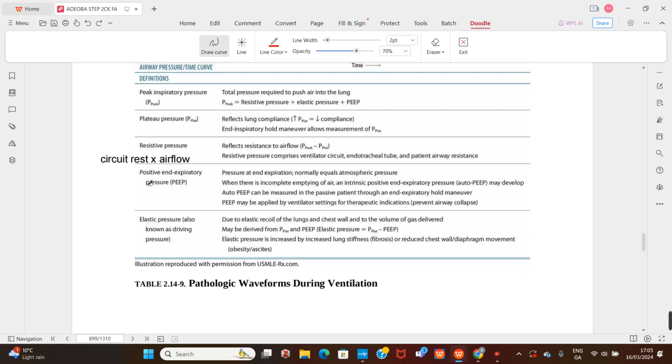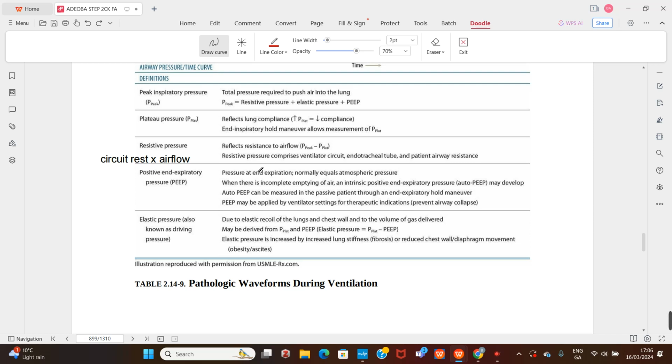Then the positive end expiratory pressure. That's the pressure at the end of expiration. So this statement is very wrong: that it normally equals atmospheric. There's something more they want to add to this statement. The PEEP, end expiratory pressure, is not equal to the atmospheric pressure. You can verify online. I hardly talk about books making mistakes, but there are some little mistakes in this Step 2 FA, and this is one.